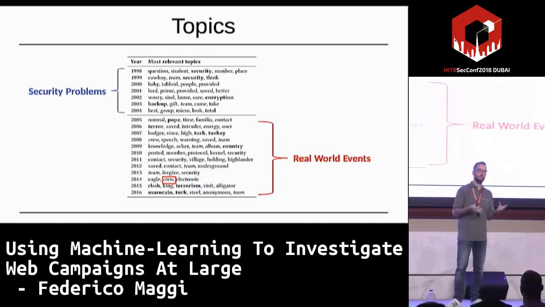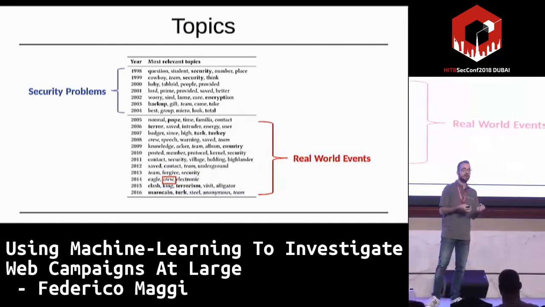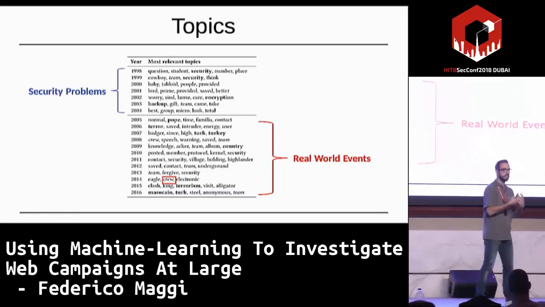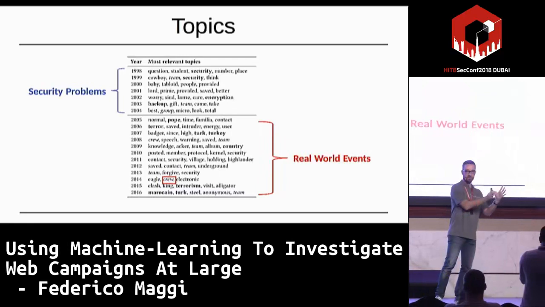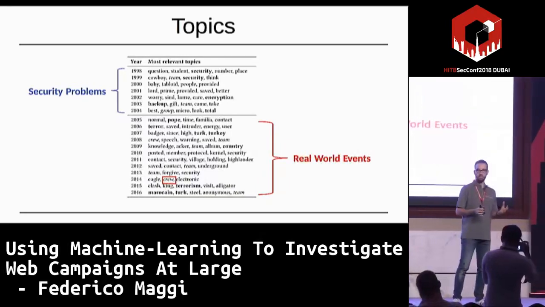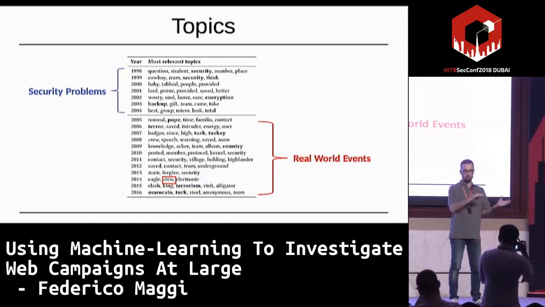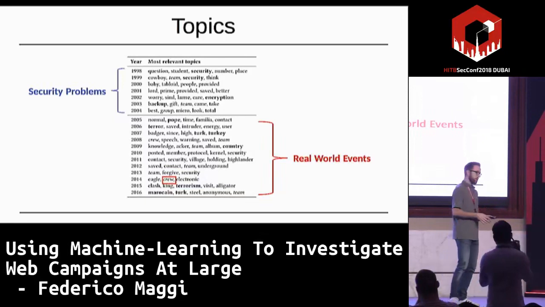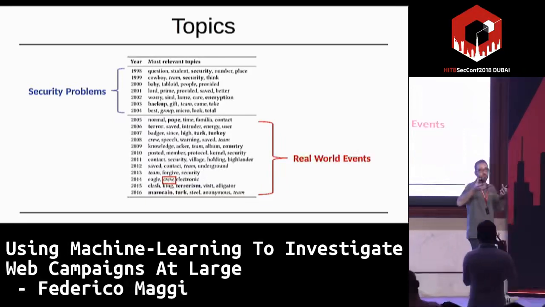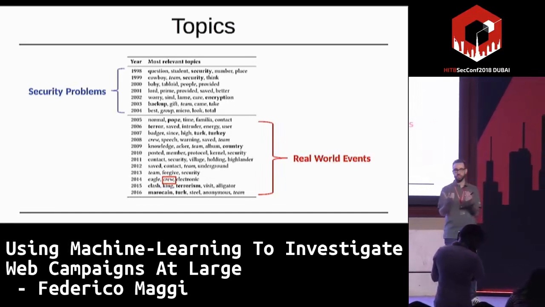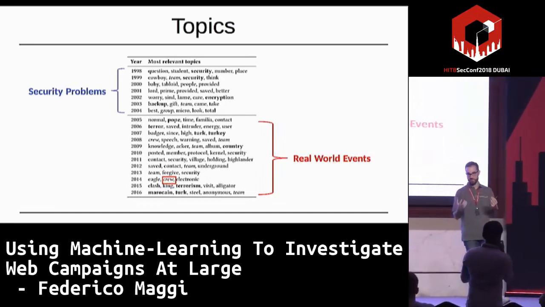Because I started to look at what these guys were discussing in the defacement content that was planted. So what I did is I used a technique called topic modeling. It's a mixture between machine learning and natural language processing that allows you to elicit interesting keywords out of a corpus of text, right?